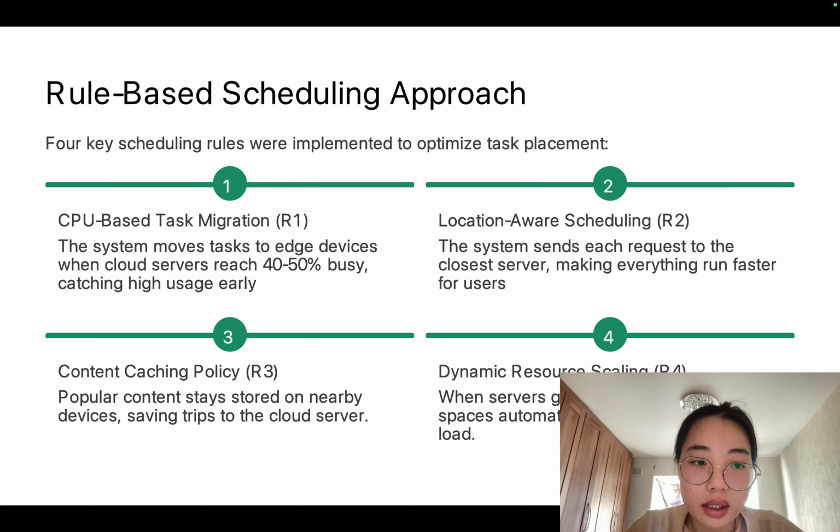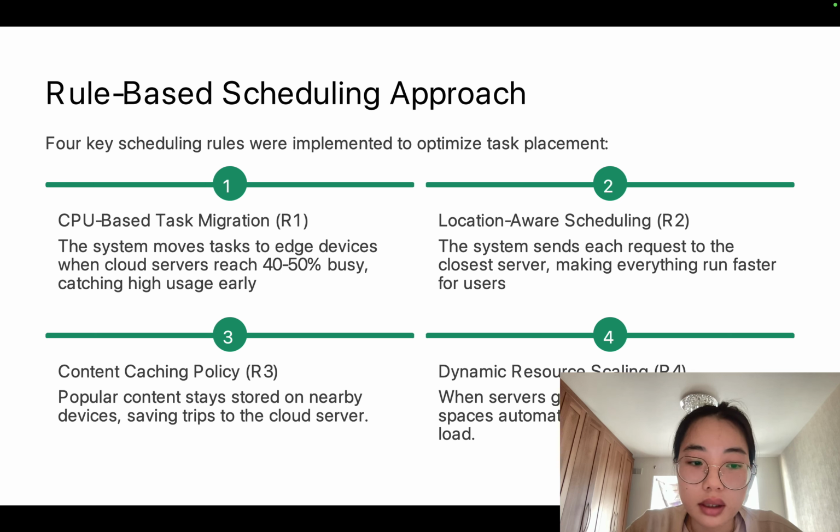And obviously, I have 4 rules for my research. The first is CPU-based task migration, where the system moves tasks to the edge when the cloud reaches 14 or 15%. The second is location-aware scheduling, where the system sends a request to the nearest server.